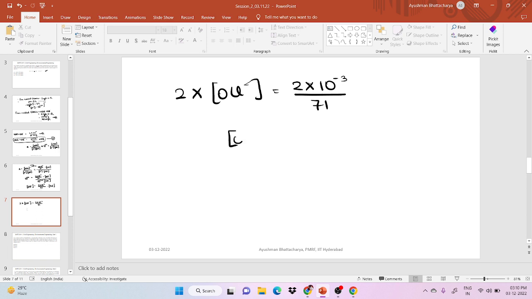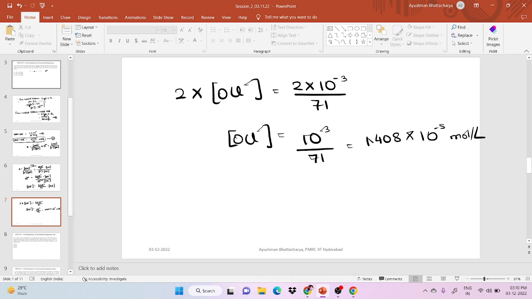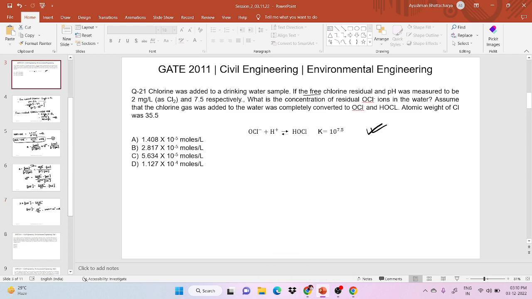So from here we can calculate the value of OCl-. If you calculate it, you will get the value as 1.408 × 10^-5 mole per liter. So in this, option A is correct.